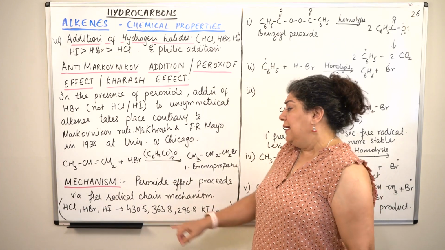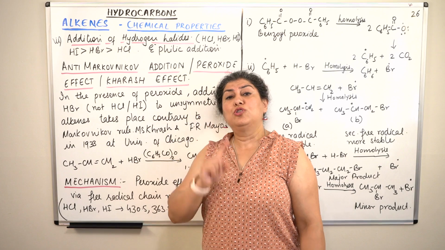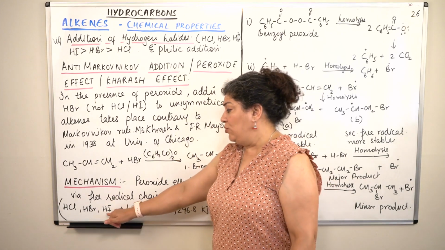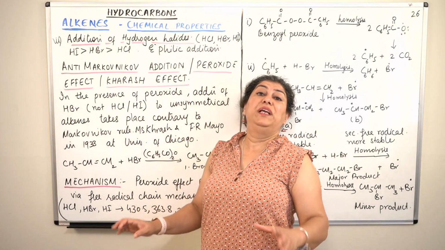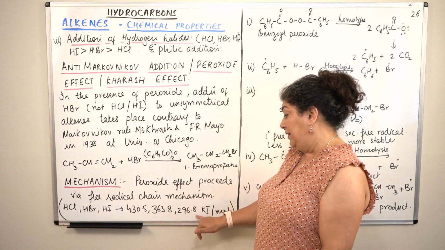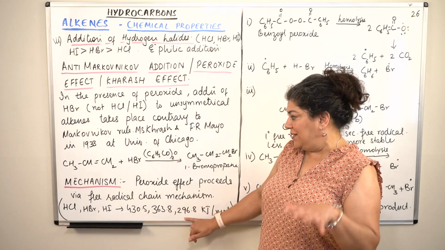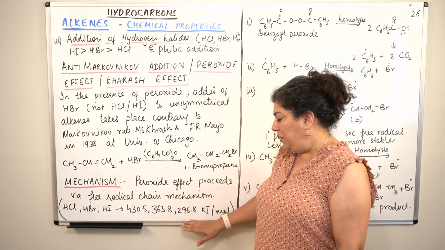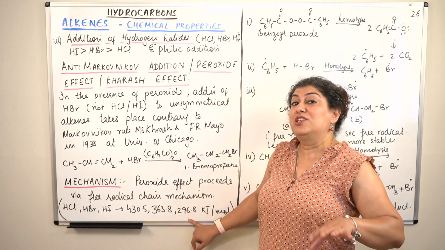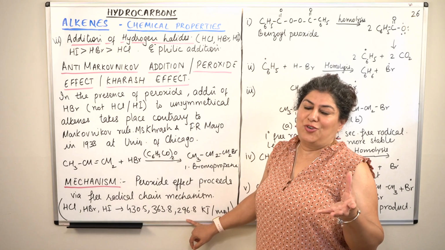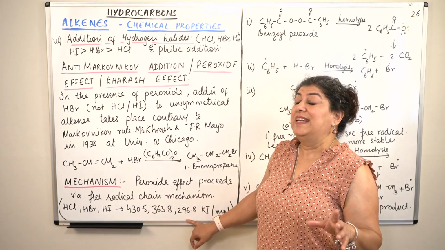If that is the case, then hydrogen iodide should also form free radicals, because the electronegativity difference between hydrogen and iodine is even lesser and the bond enthalpy is even lesser than HBr. So this should be the one that forms free radicals most easily, but that does not happen. Or rather, I should say it happens.